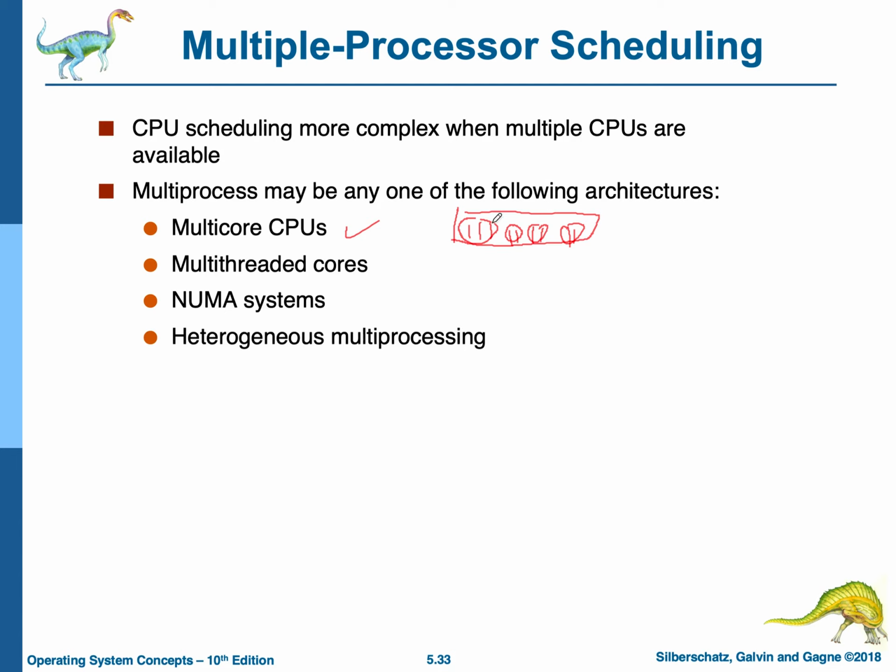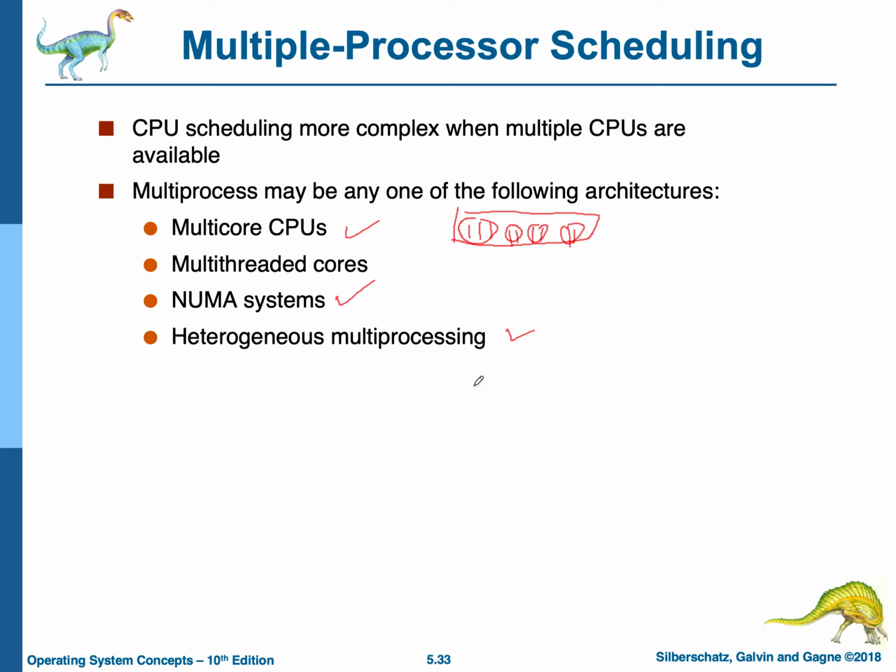The non-uniform access is actually access in between these queues. Maybe this core is accessing the memory of this core or this core or this core. So this is a non-uniform manner of accessing the memory. So non-uniform memory access systems are also there.